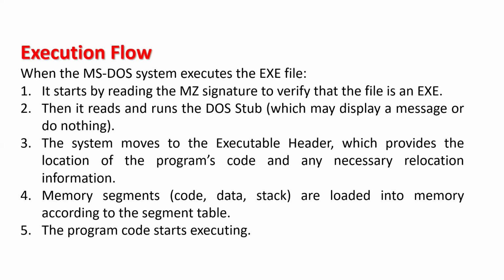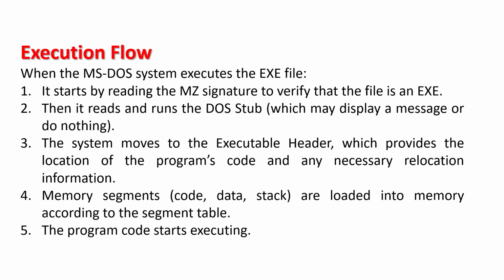Now, what the DOS loader does, the MS-DOS loader is responsible for loading this exe into memory. As it already read that MZ header, it verifies that it is an executable. Then it reads the DOS stub, like the code after the MZ header, and executes the startup code if at all it is available.